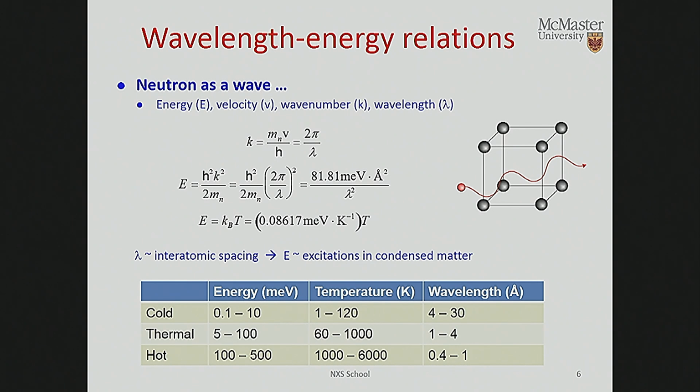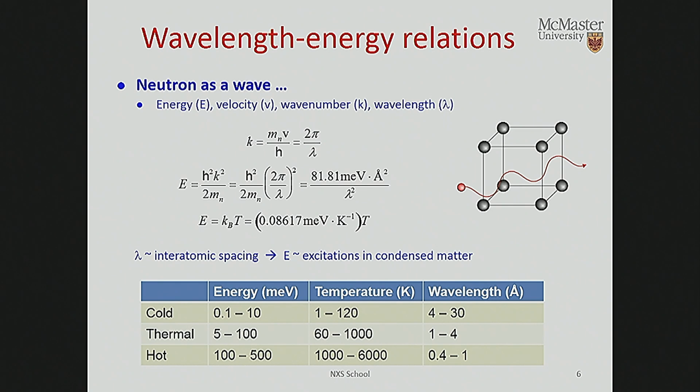Okay? And then thermal neutrons, which is what you would typically get off of a reactor-based source if you just have the neutrons come into equilibrium with the water around the reactor, because the water around the reactor is at room temperature. It's 300 Kelvin. So these energies are about 5 to 100 MeV, and the de Broglie wavelengths are typical of interatomic spacings, about 1 to 4 angstroms.